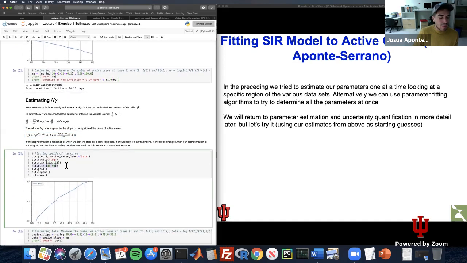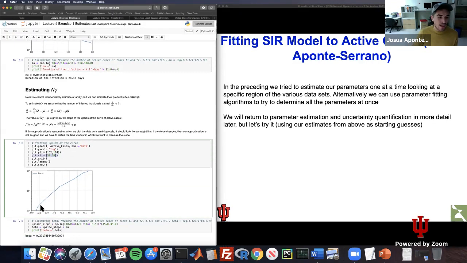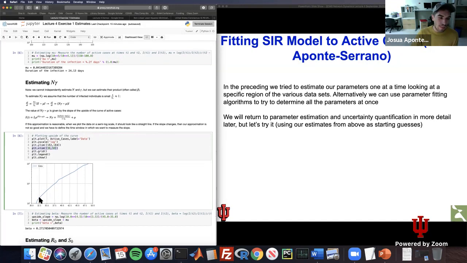and then we need to calculate the slope of this curve. It's not entirely linear, but we're just doing an approximation here, right? So the approximation is that when you look at time 45 and at time 35, right?